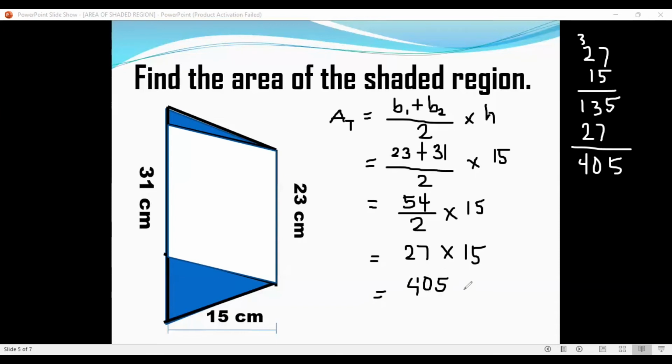Again, the unit is in centimeters, so we have centimeters square. Do not make it raised to the third power even if there are 3, because in here it's just an addition. So 23 cm plus 31 cm is just 54 cm. There is just a multiplication when we had that multiplying by 15 cm.